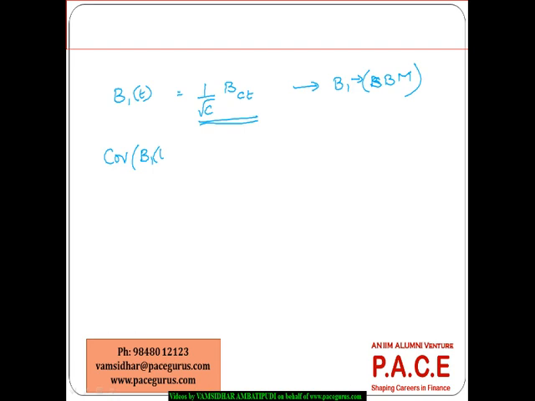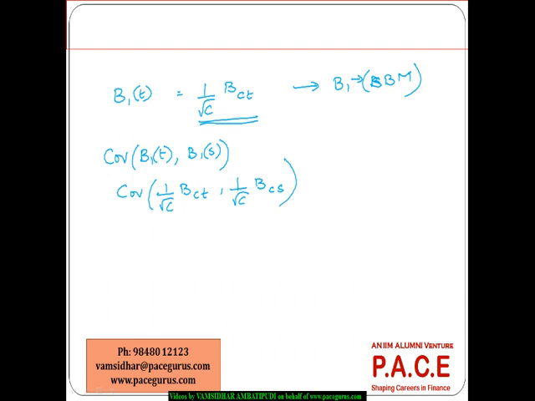If the covariance between these two comes out to be the minimum of t and s, then it is fair enough. So the covariance between these two is nothing but the covariance between 1 by root c times Bct and 1 by root c times Bcs.